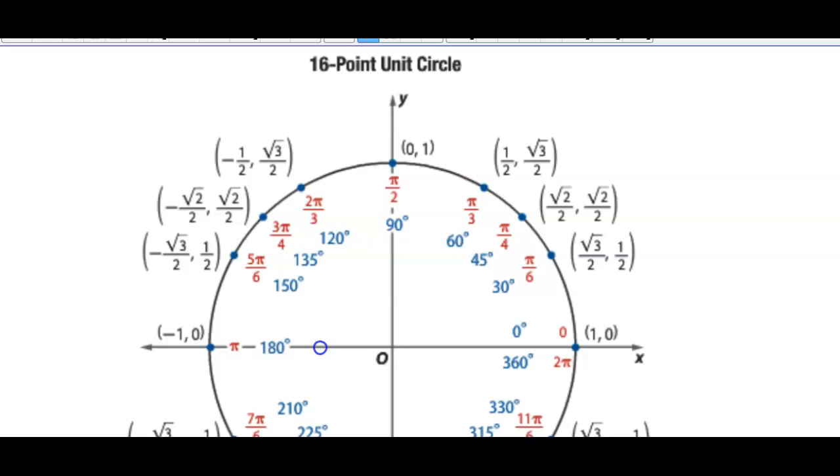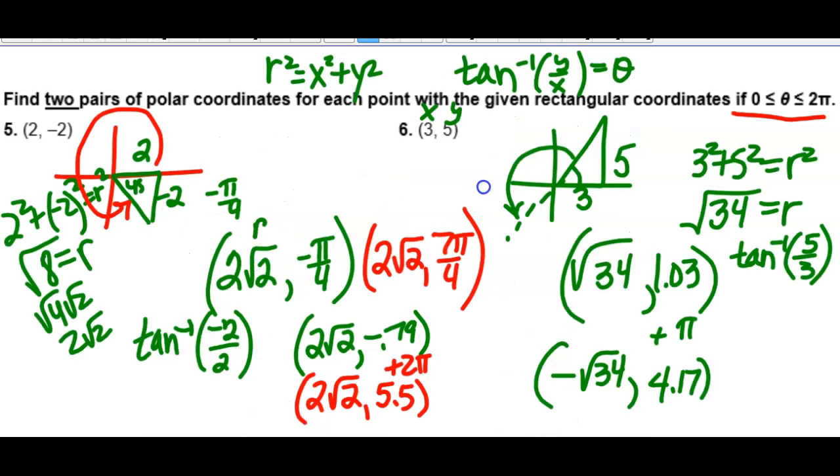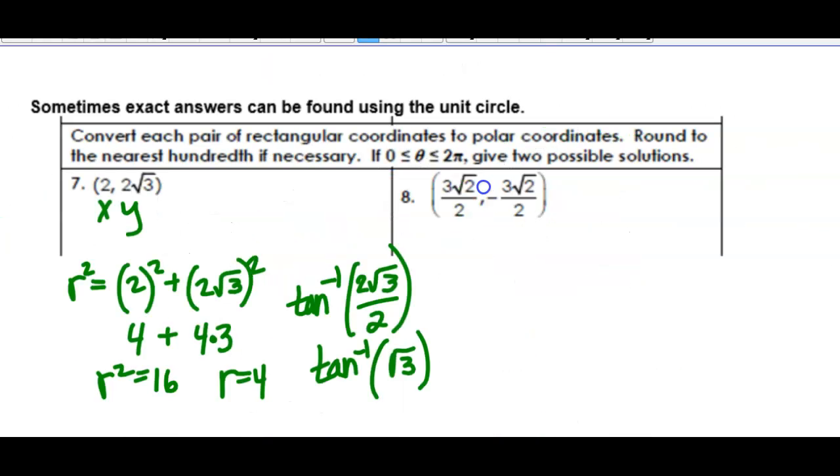The tangent is square root of 3 when you put this y over this x. So that's at pi over 3. So we have an r that's 4, and we went over pi over 3.